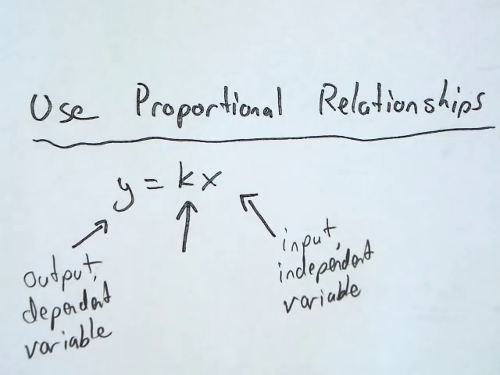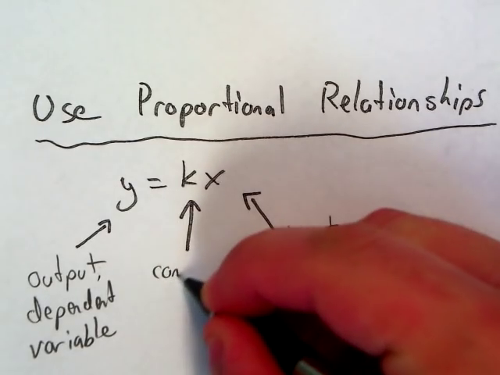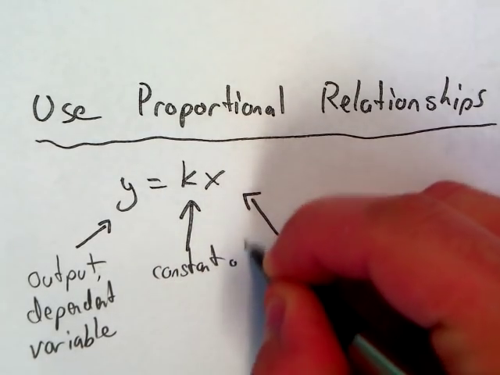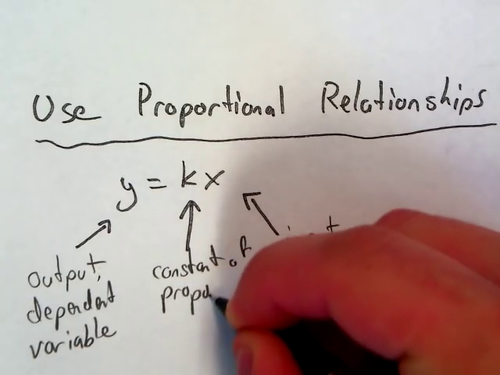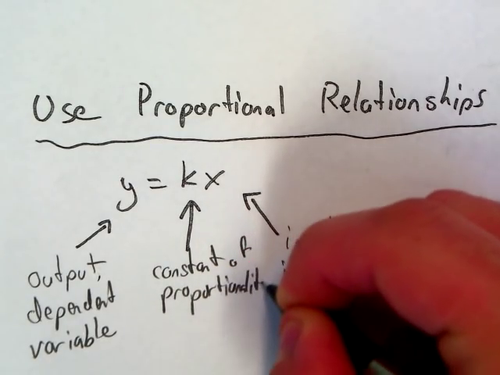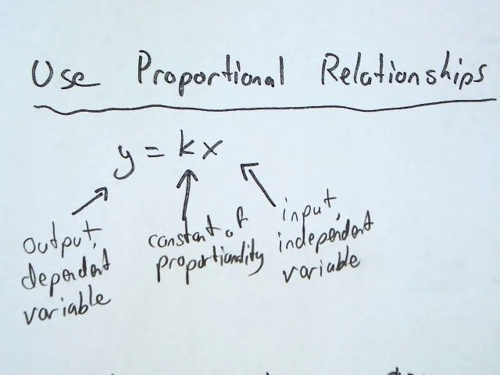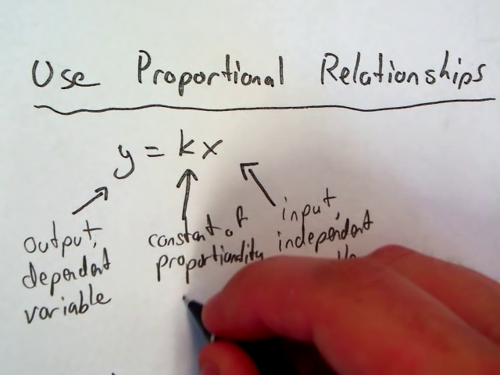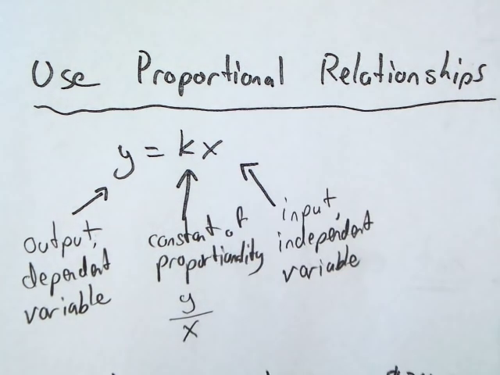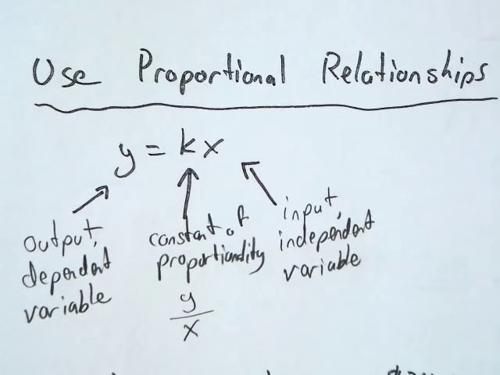Again, those are going to be important later. The last variable is called the constant of proportionality. And the way that we find that is we take our output and we divide by our input.